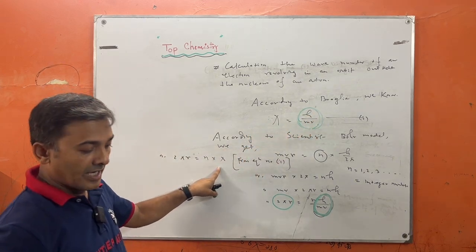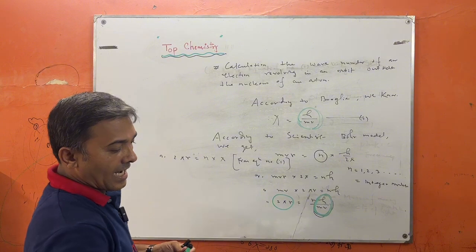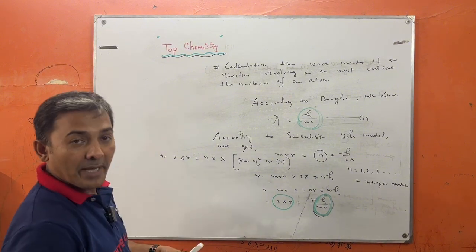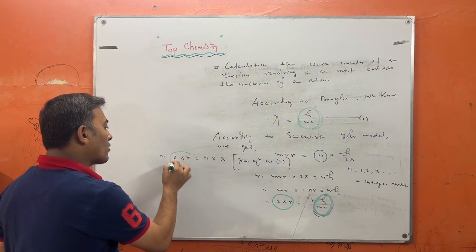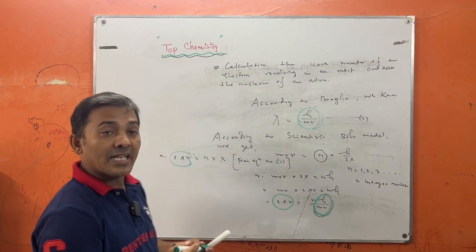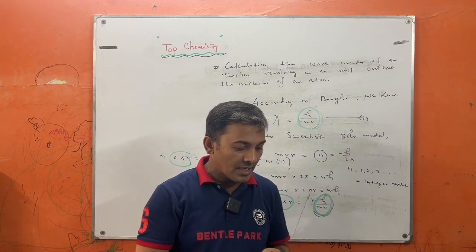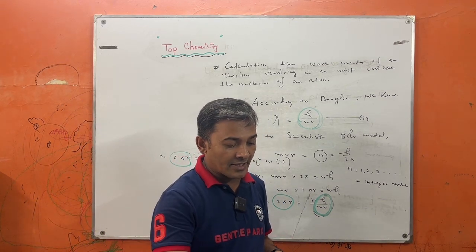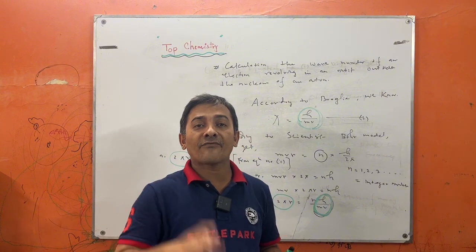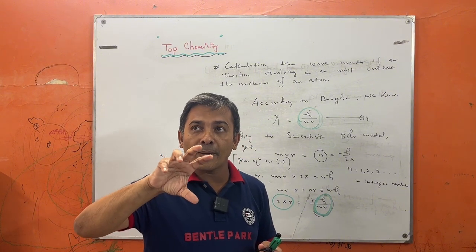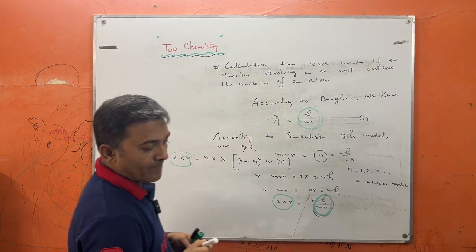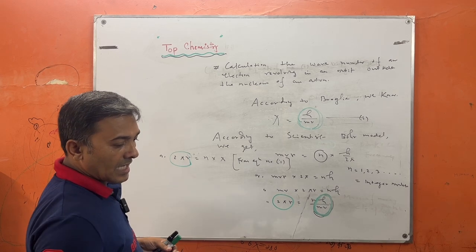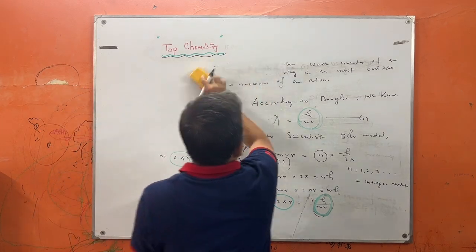We have written down here. So 2 pi r means the circumference of an orbit, or circumference of a circle.